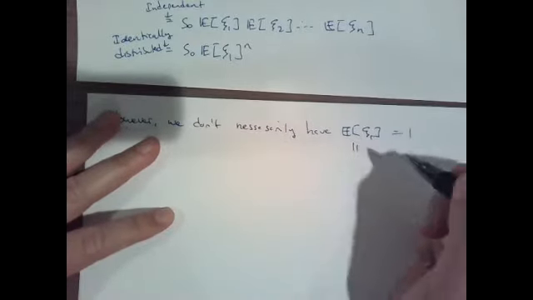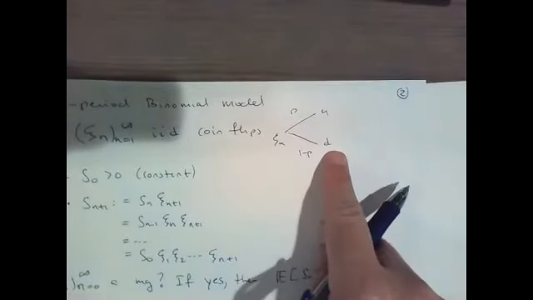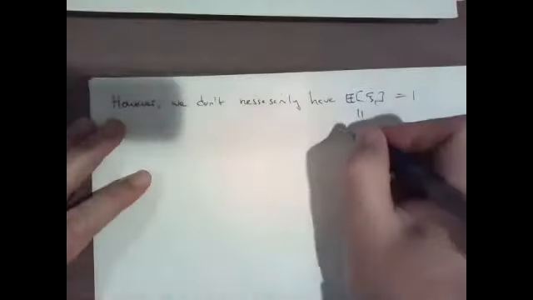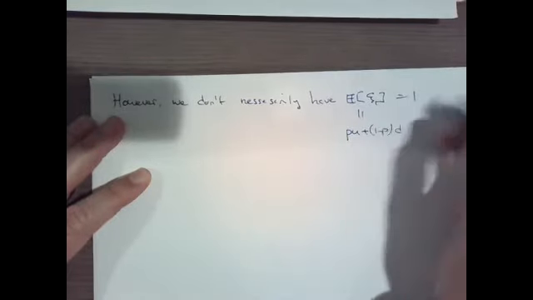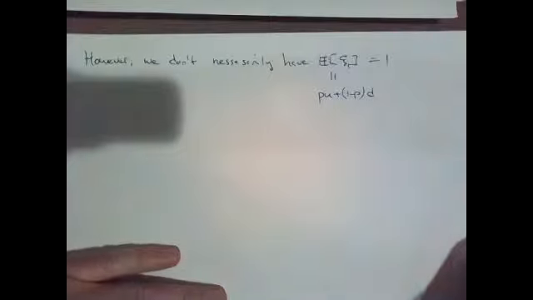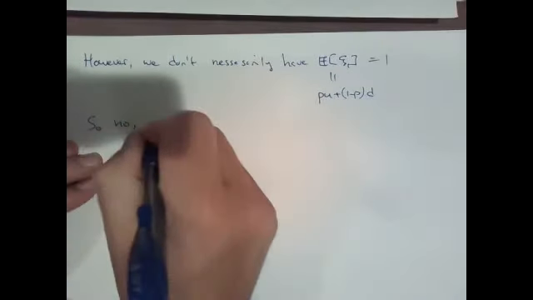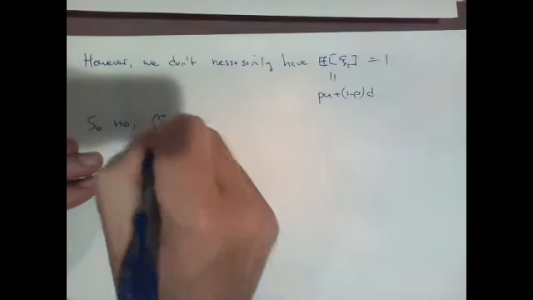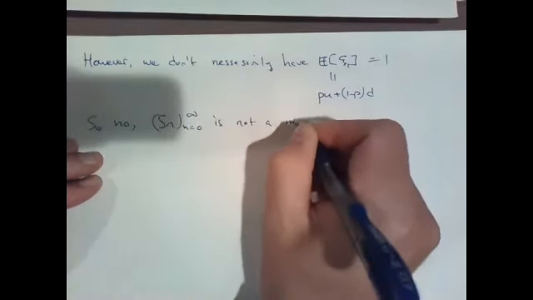On the other hand, we know exactly what it is: it is P times U plus 1 minus P times D. We made no assumption that this is 1. So that means the stock price is not a martingale.